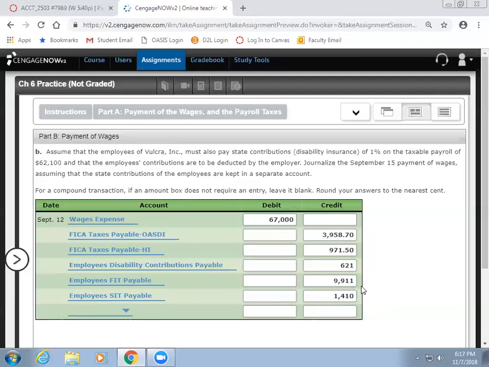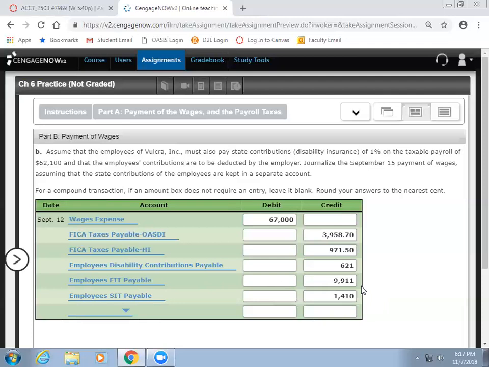But now we know our net pay is going to be a little different, right? Well, the easiest way I would do it is I would just take our past one and subtract out the 621. So you don't have to resubtract everything, right? So our last one was 50,748.80. And the only thing we've changed is we're also taking out the 621 for disability.